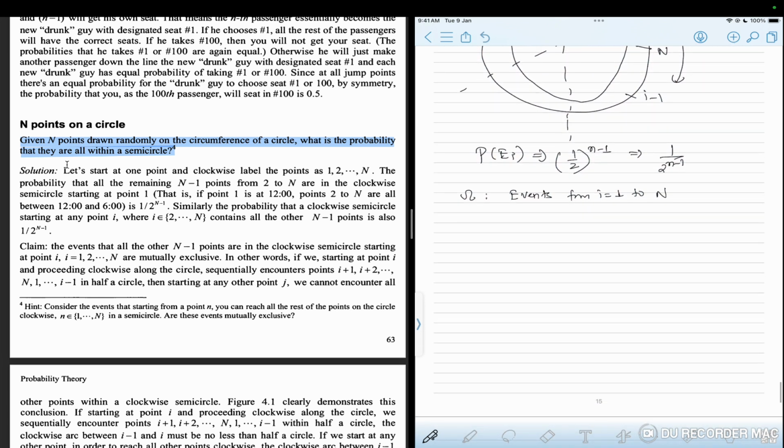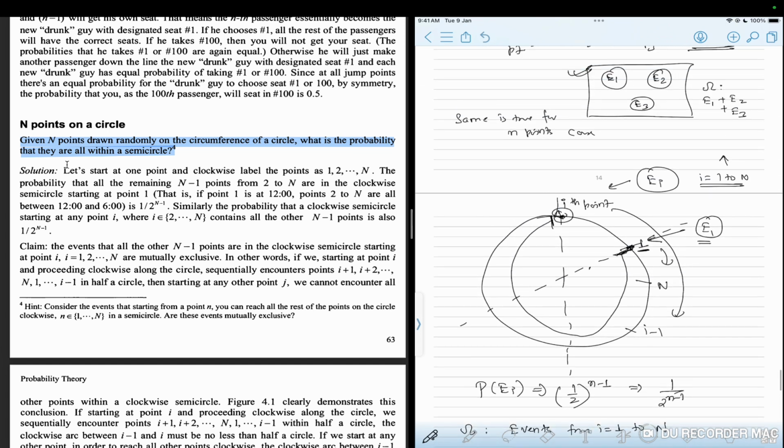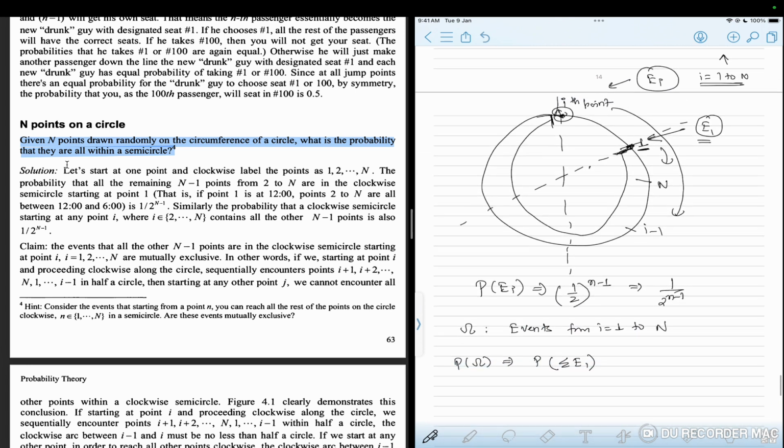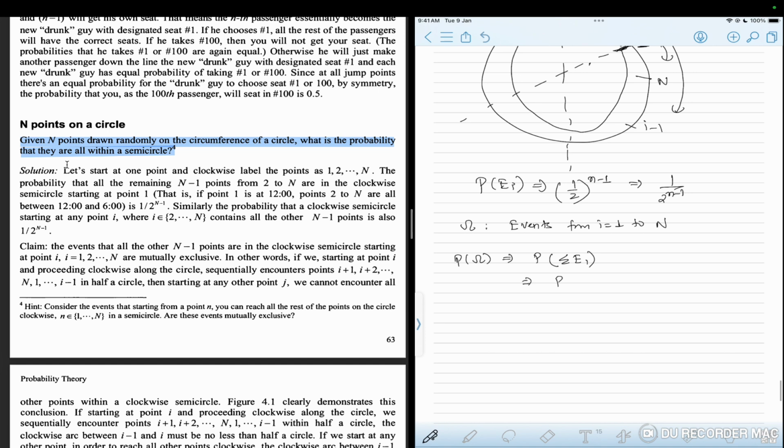Having said that, what would our probability be? Our probability would be the sum of all the events, because for mutually exclusive events, the probability of the union is equal to the sum of the individual probabilities. So this would be probability of E1 plus probability of E2 till probability of En.